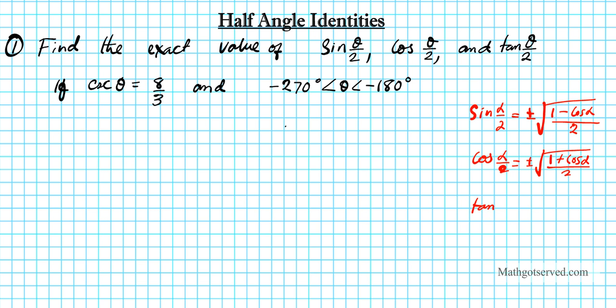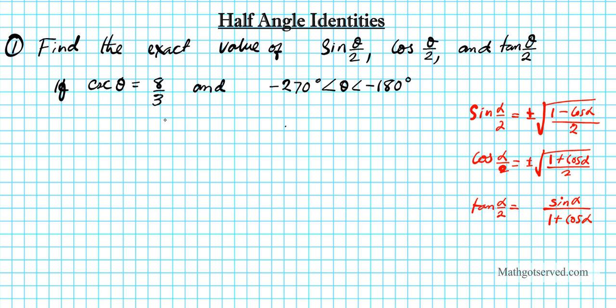For tan alpha over 2, we have three choices, but in this example, I'm going to be using sine alpha divided by 1 plus cosine alpha. Okay? So this one requires sine and cosine. So in order to find all these three, we need to know what sine and cosine are. All right? So now let's figure out what we need.